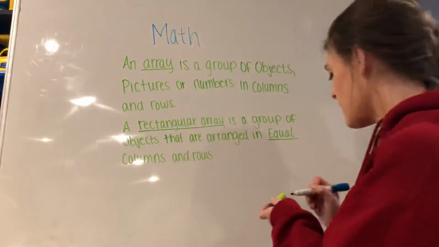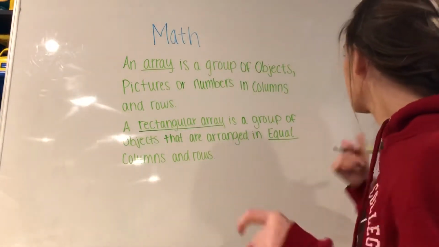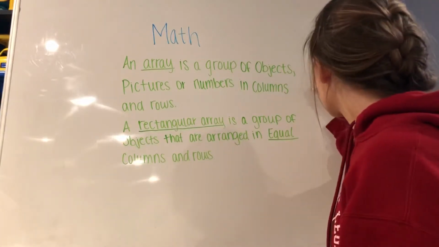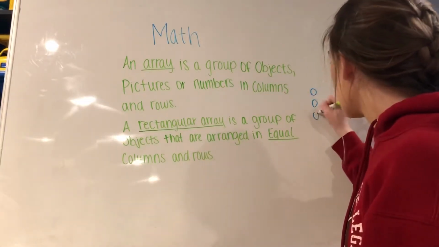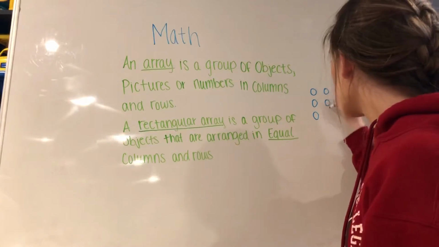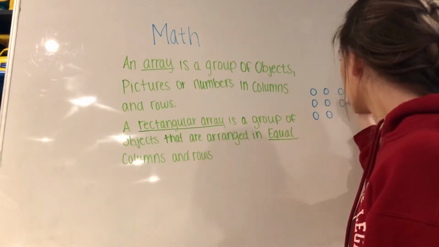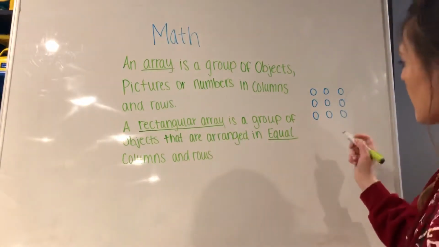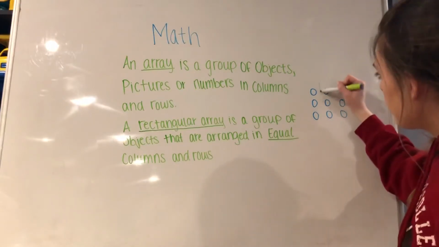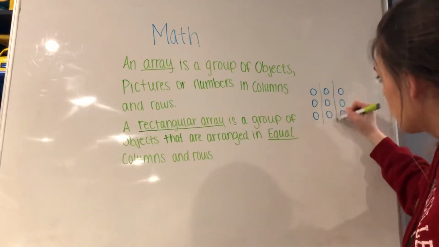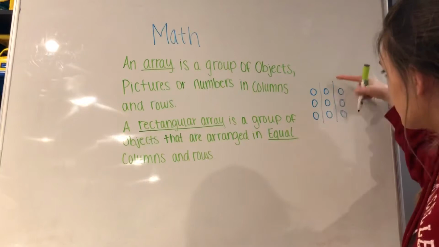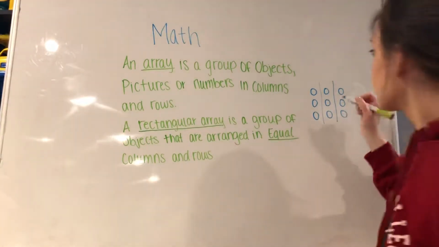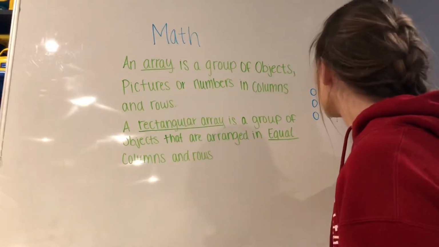So we are going to have equal columns and rows. And in here, these going up and down, these are called our columns.